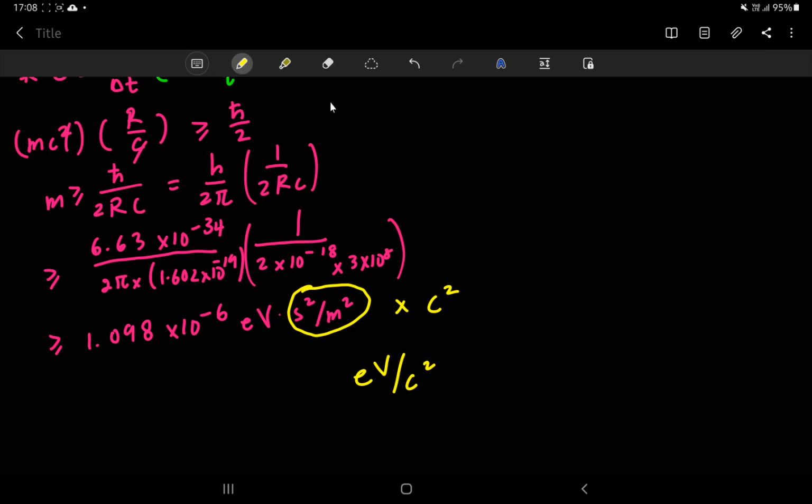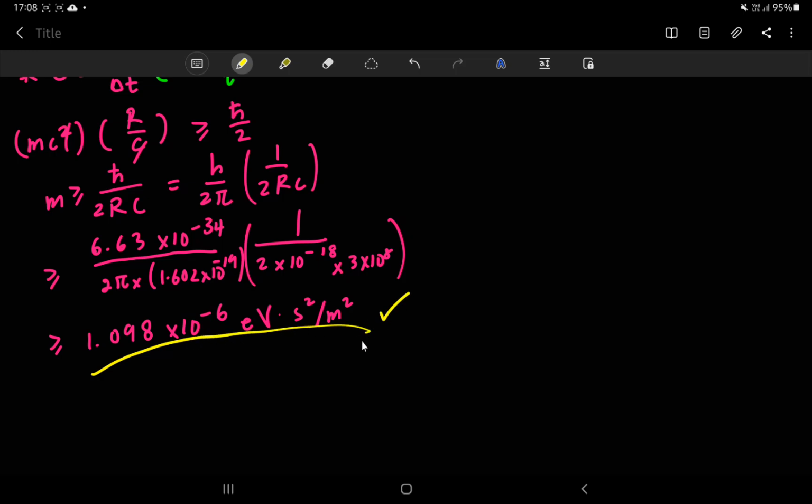So it is just the matter of transforming or converting the unit into the proper one. But if you want to leave the answer like this, then go ahead. It is also considered a correct answer, but I want to simplify this. So I multiply with c square, which is 3 times 10 to the 8 squared.